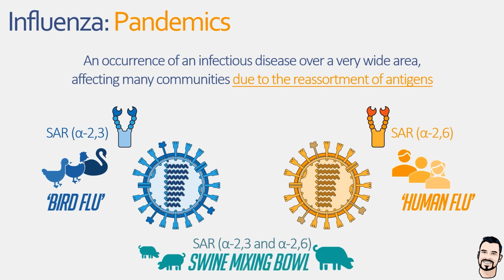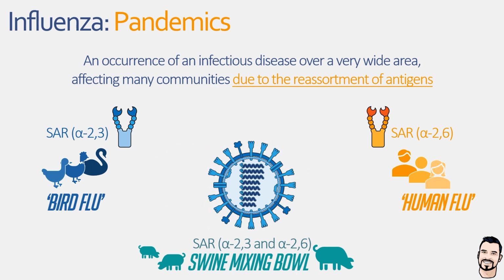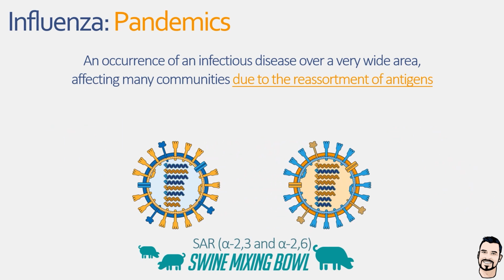And this makes the swine a mixing bowl, where elements of the human virus could potentially mix with elements of the avian virus, creating a brand new variant which has different characteristics based on the two parental strains of the virus. And because of this, the virus might technically become less effective with reduced mortality and transmissibility, which would be the best case scenario.